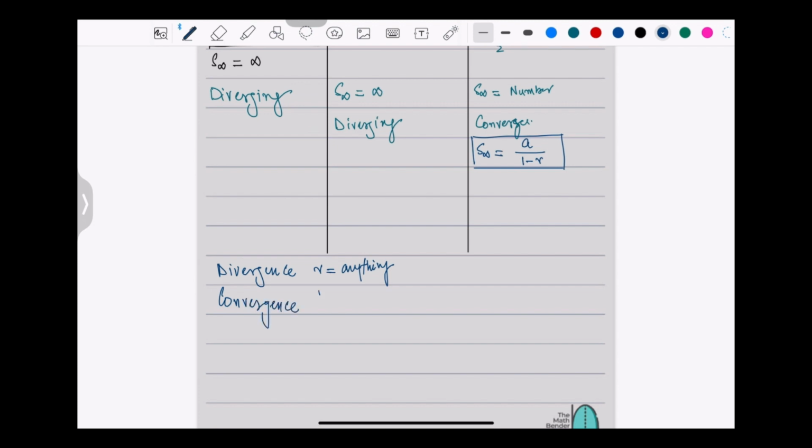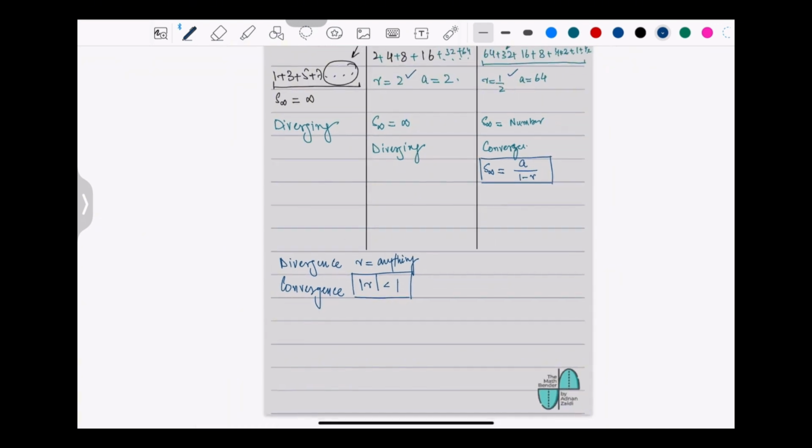The modulus of r, the positive value, has to be less than 1. This is the convergence condition. If it is less than 1, it will become a decreasing pattern, a multiple of 1 over 4, 1 over 2 or any number, and if the ratio is less than 1 and greater than 0, it indicates that the series is going to converge.